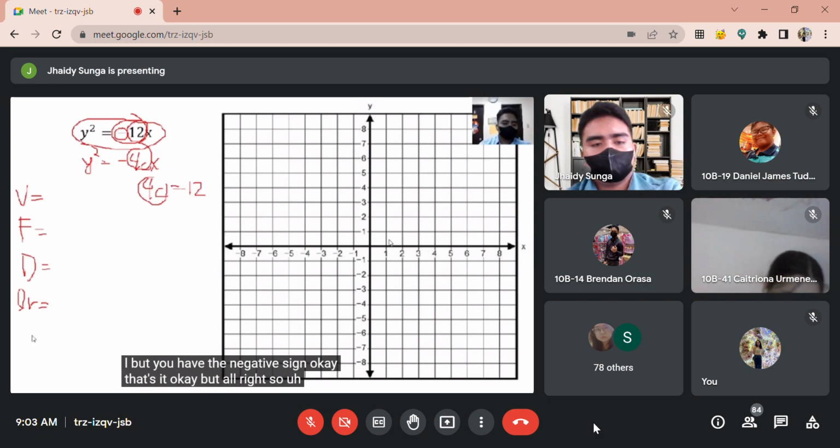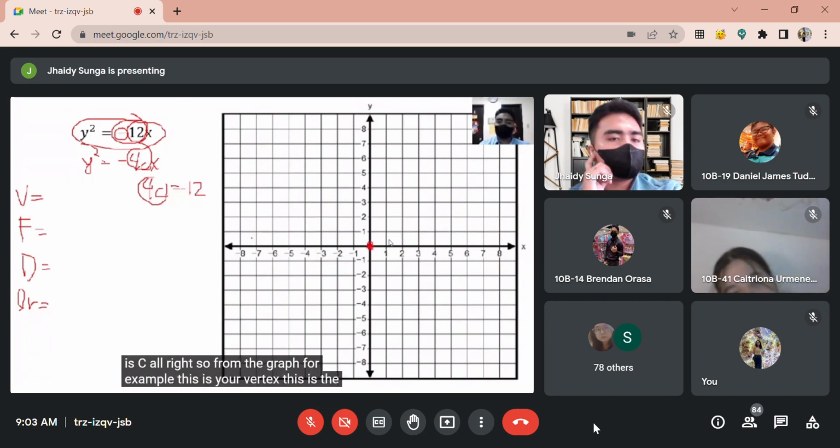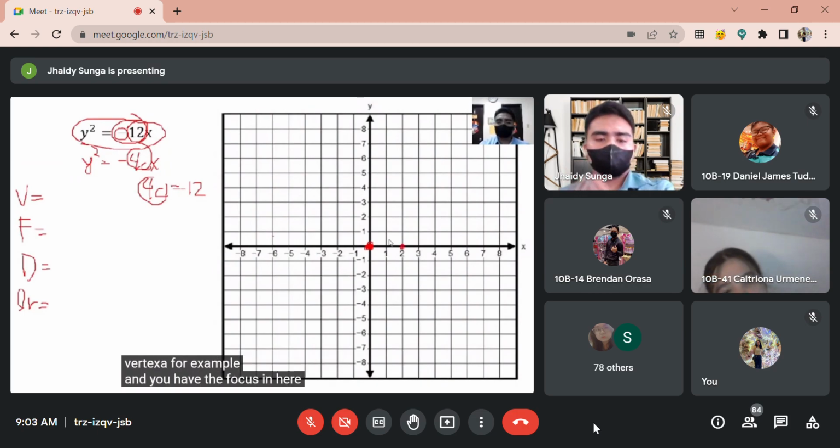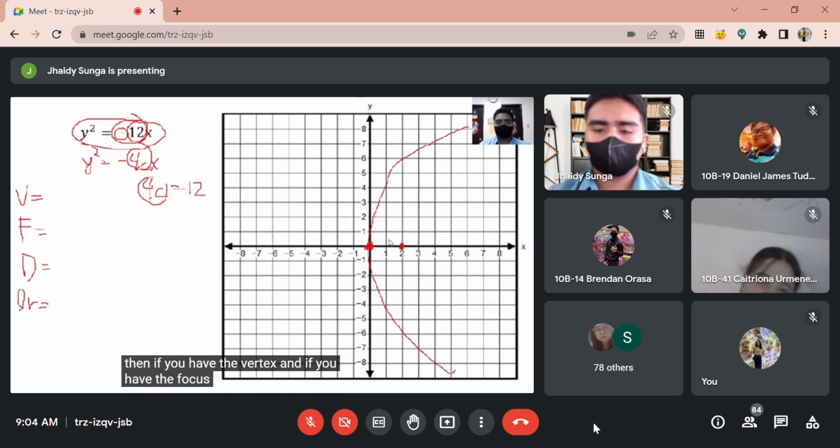So, we're going to locate the value of c. From the graph, for example, you have a graph of this parabola. If you have a vertex, you have the focus.